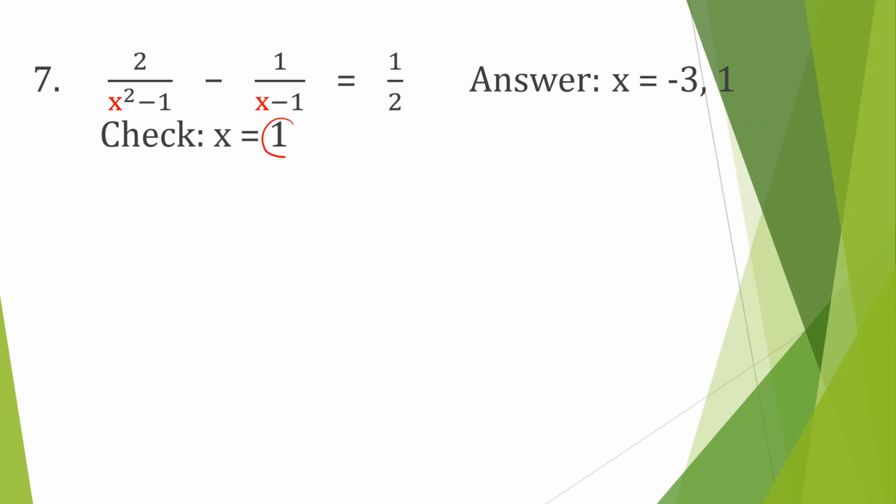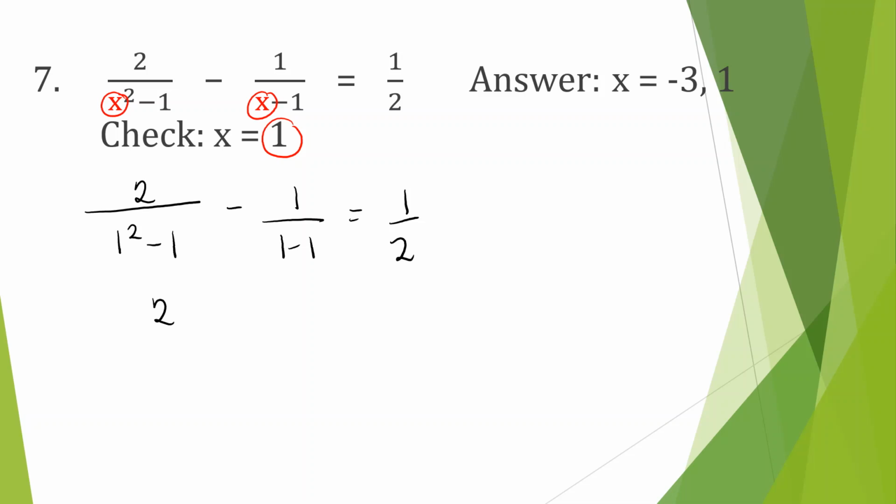Let's have positive 1. Let us replace all x with positive 1. So this will become 2 over the square of 1 minus 1, minus 1 over 1 minus 1, is equal to 1/2.